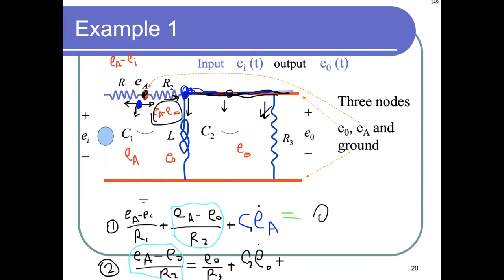It will be I of T naught plus 1 over L, integration from T naught to T, E naught X dx. Okay, any other opinions?